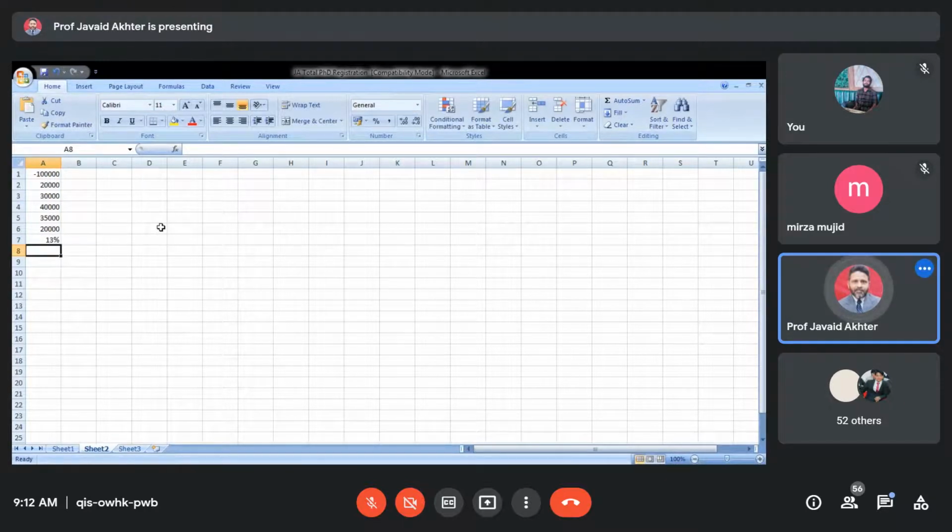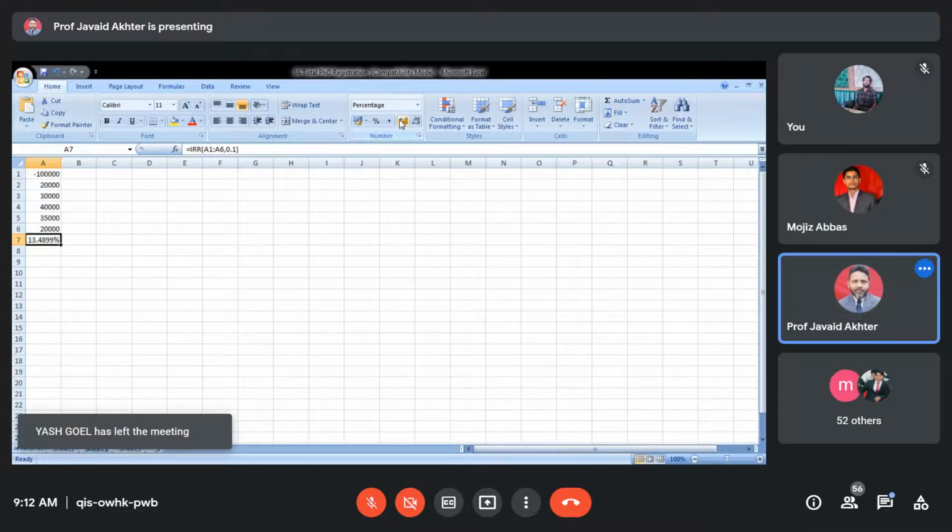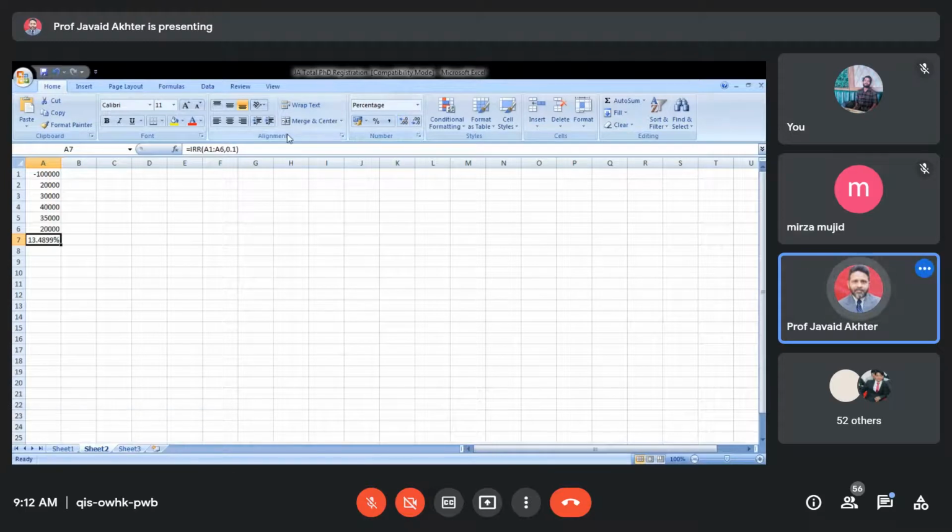What is the IRR? 13%. Now this 13% is with no decimal. You increase the decimal. Let us say we have increased the decimal to 13.4899% or 13.5% you can see. Look at the formula bar.